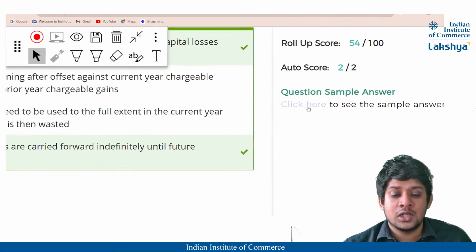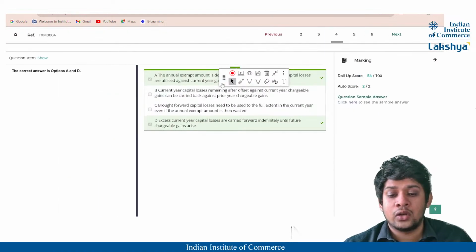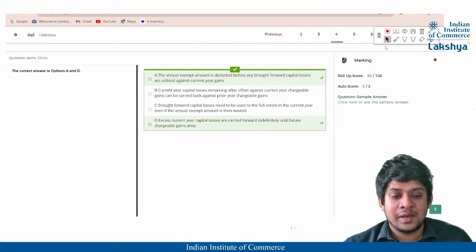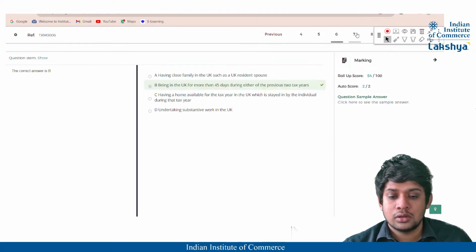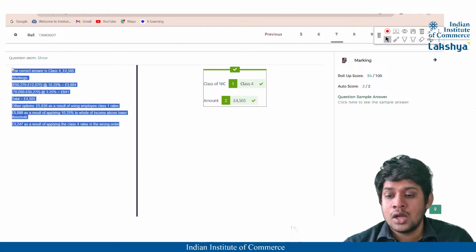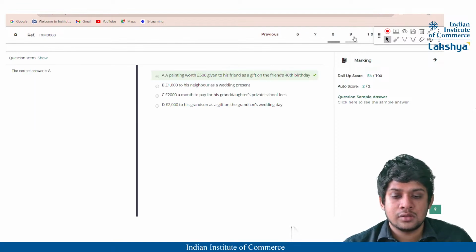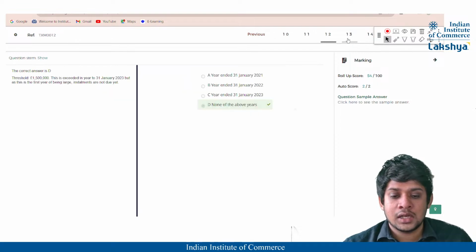Once you click there, they will show you how the answer is calculated. In calculations, mainly they'll show this. This is a theory question, so all this is correct. Where have we gone wrong? You can see here they've shown us the solution also, how we've calculated the answer. Where is our answer different? Everything is correct.